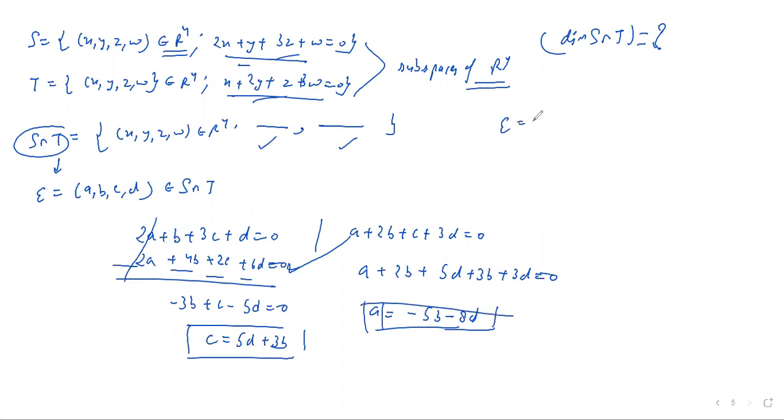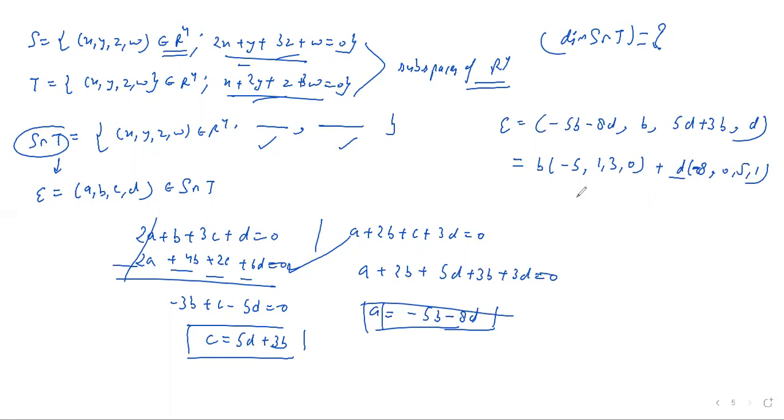Now my E vector is (minus 5b minus 8d, b, 5d plus 3b, d). Now let's take out b from here. It gives me b times (minus 5, 1, 3, 0) plus d times the vector (minus 8, 0, 5, 1) when I take out the constant d. So these are the basis vectors for S intersection T. Let's say this is alpha and this is beta.